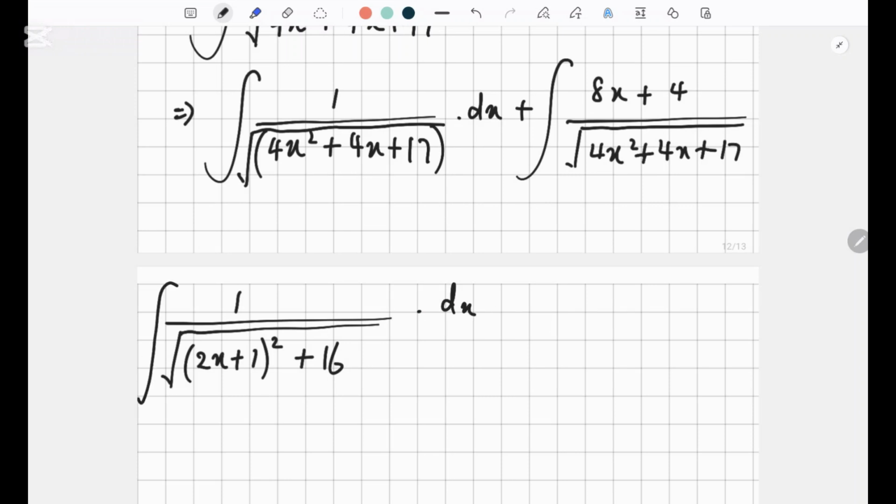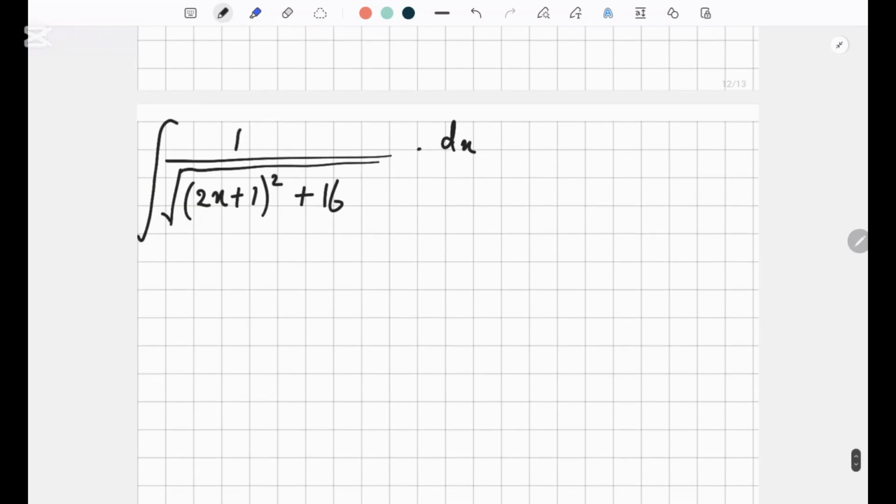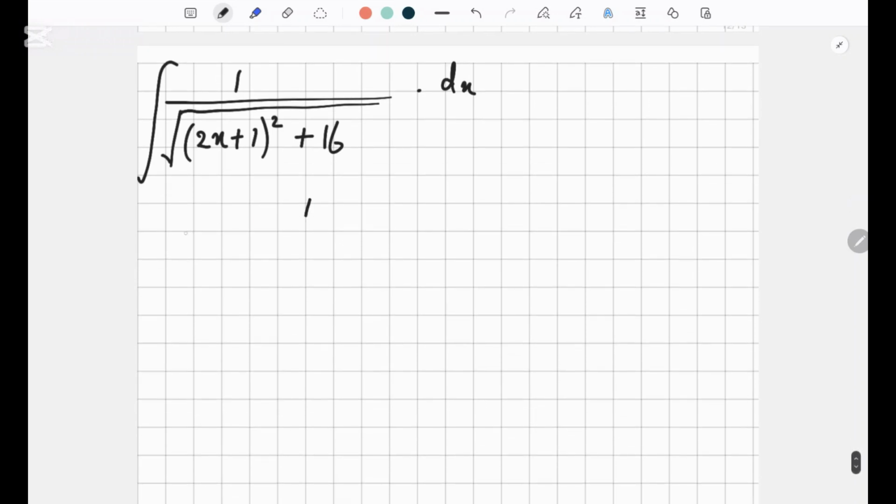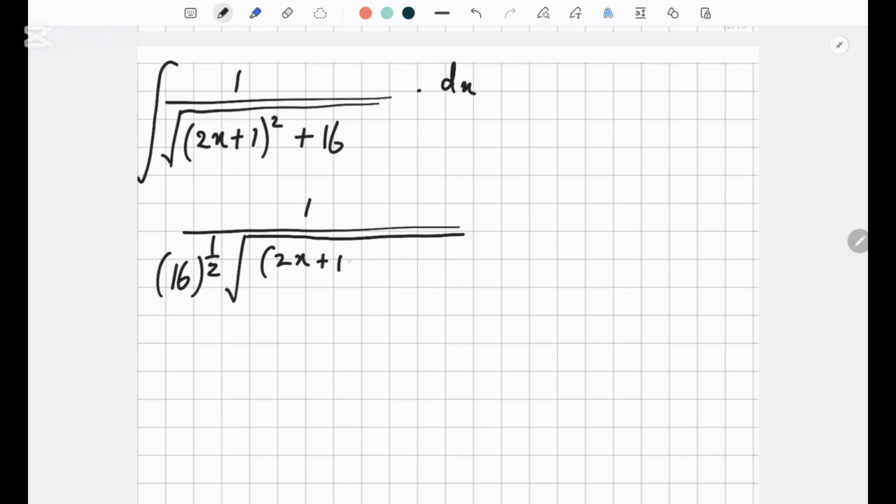So let's integrate this first. Let's take 16 out. You see why I'm doing that, okay? When you take 16 out, it's 16 to the power half, since this is a root, into (2x + 1)² over 16, plus 1, dx.